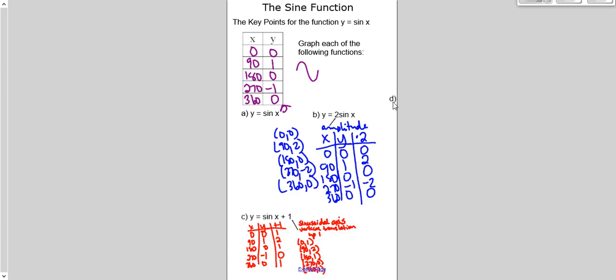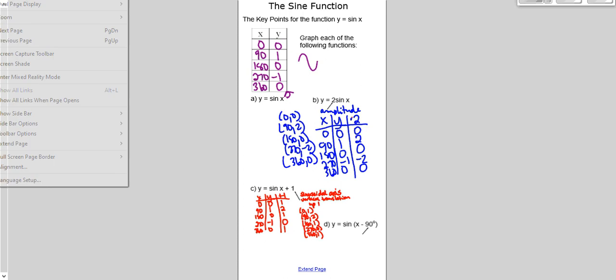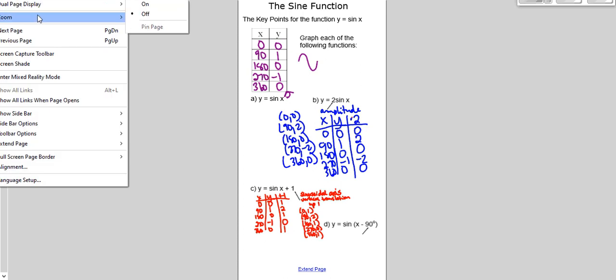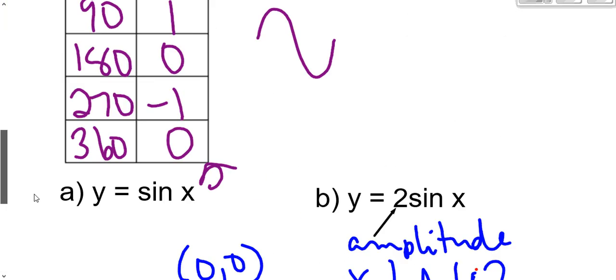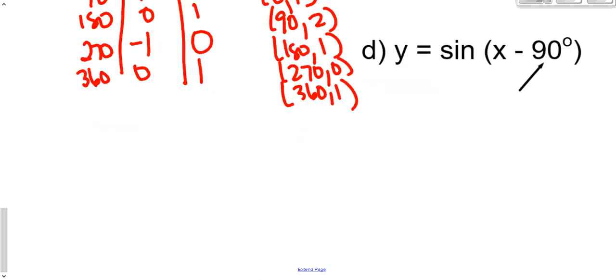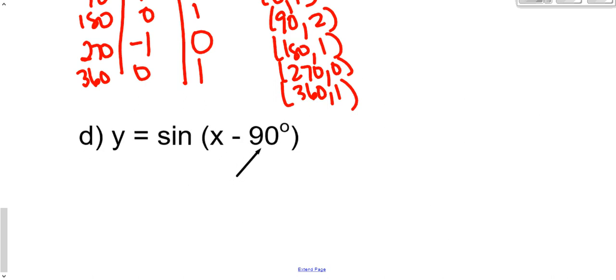All right, last one. So let me grab D. And this is where we're going to put in our phase shift. All right, so let's do the phase shift. And let's do this in green, let's say. So this is called a phase shift.